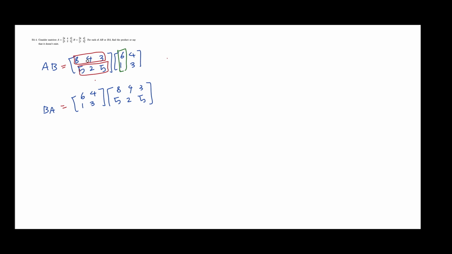The first vector in here has 3 elements in it. The first vector in here has 2 elements in it. So we can multiply component-wise, basically. Because there's more components in here than that, this is not possible. So we say does not exist.